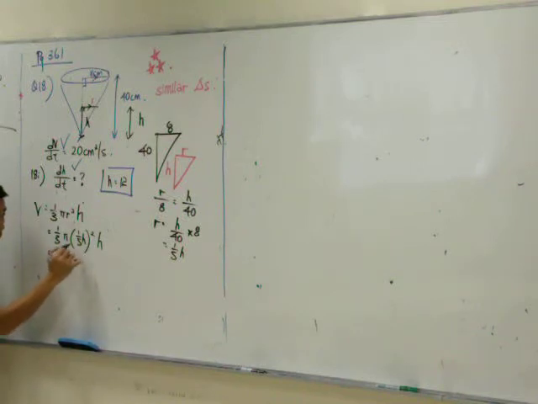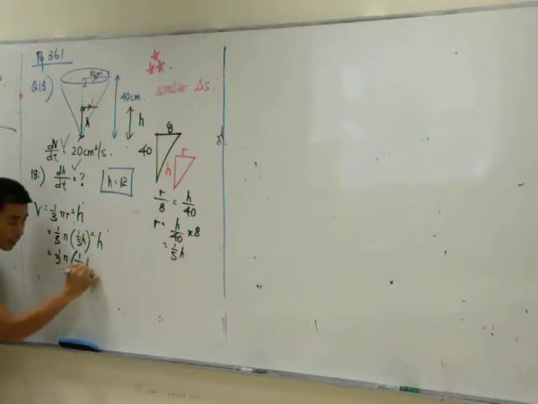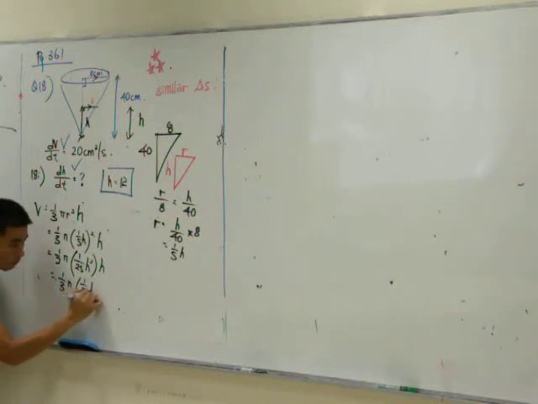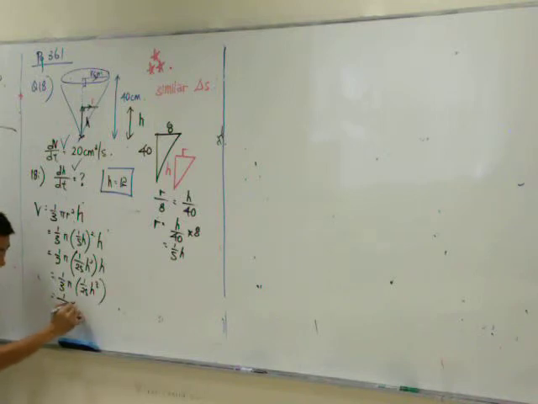So when I square it, 1/5 squared will give us 1 over 25. Square the 1, square the 5, 1 over 25 and each squared. Then everything multiplied in, number with number. You have 1 over 75 pi H cubed.